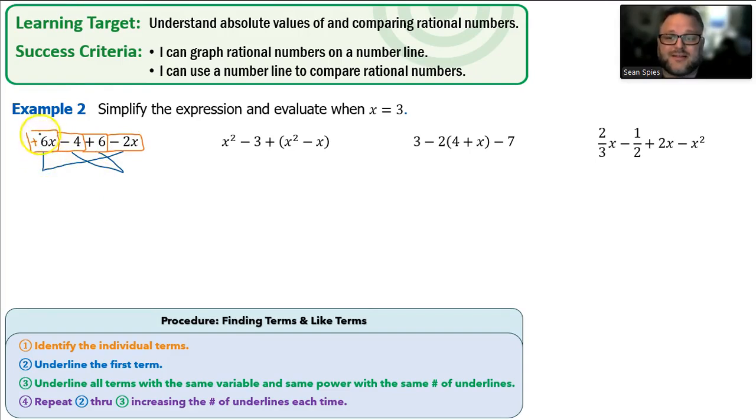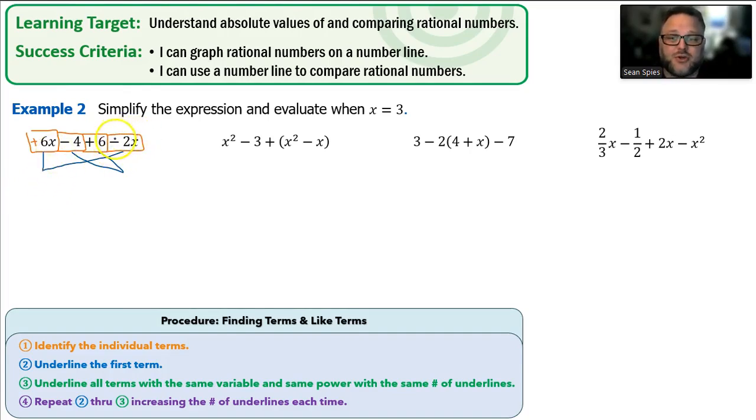So if I have 6 positive x's and 2 negative x's, I need to remember that my zero pairs kick in. Anytime a positive of something and a negative of the same thing come together, they don't disappear or destroy, they just become a zero value or zero pair.